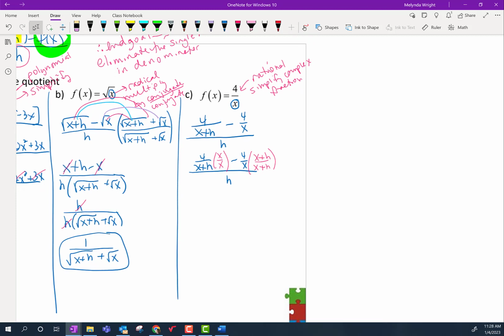So I'm going to distribute the numerator. I have 4 times x minus, and then parentheses. Don't forget your parentheses. Then I've got 4x and 4h, all over x times x plus h, all over h.